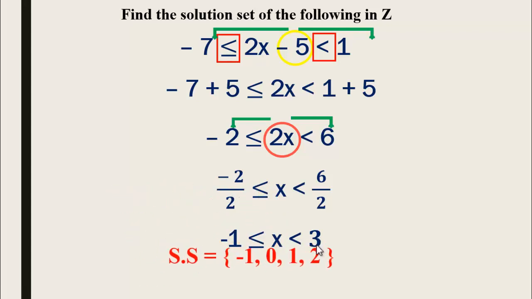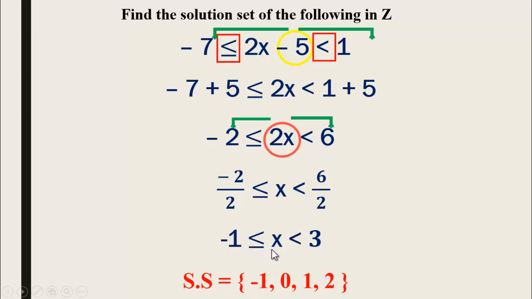My solution set here will be all the numbers which are included between negative 1 and less than 3. So I will have negative 1 because negative 1 is with me in the solution set. It's negative 1, 0, 1, and 2.